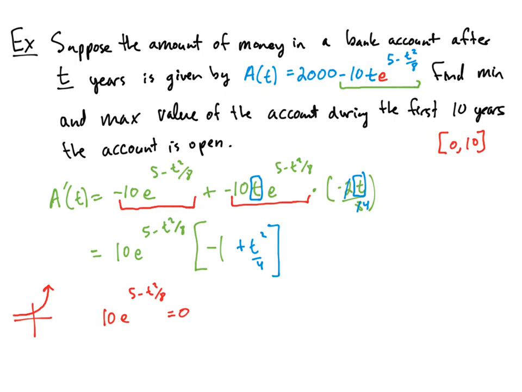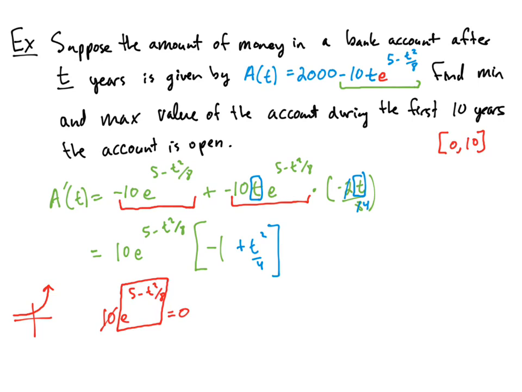That's the parent function, but we don't have any vertical shift down, so this will never cross the x-axis. Another way of thinking about this is, I can divide both sides by 10. 0 divided by 10 is still 0. I can never get this expression equal to 0.